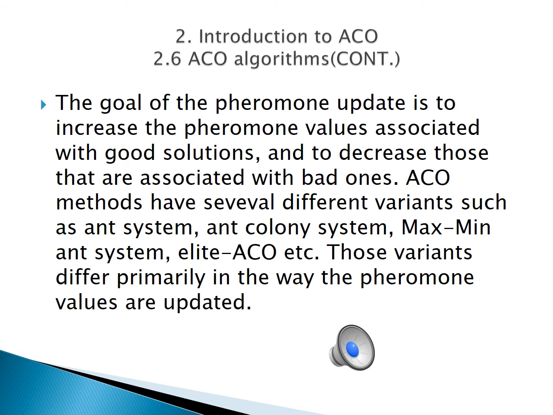The goal of the pheromone update is to increase pheromone values associated with good solutions and decrease those associated with bad ones. ACO methods have several different variants, such as Ant System, Ant Colony System, Max-Min Ant System, Elitist ACO, etc. Those variants differ primarily in the way the pheromone values are updated.